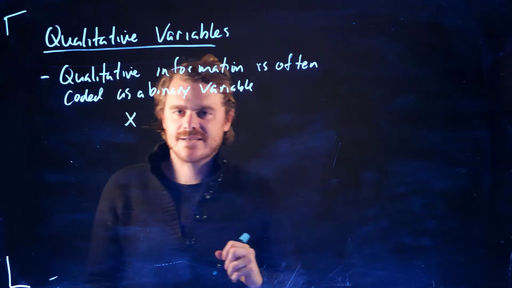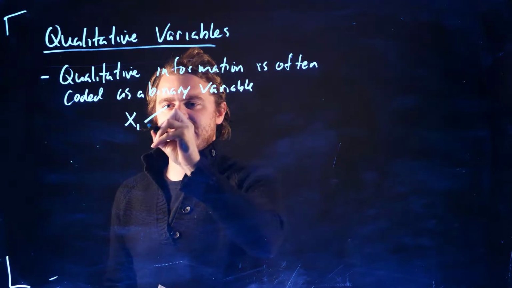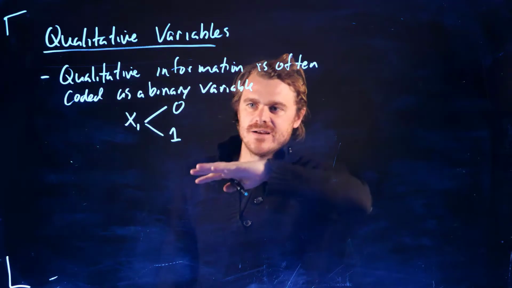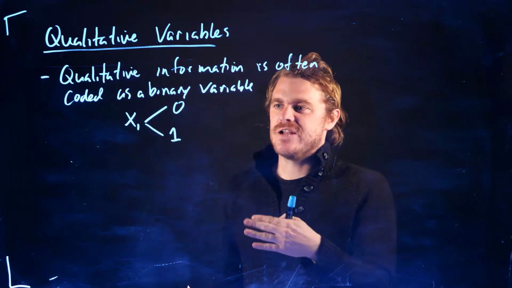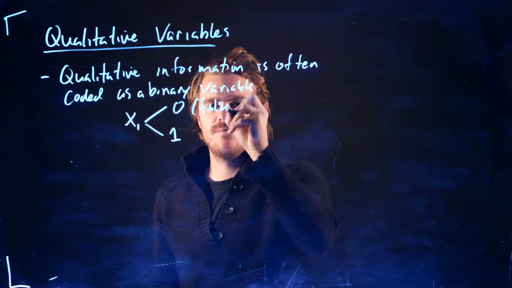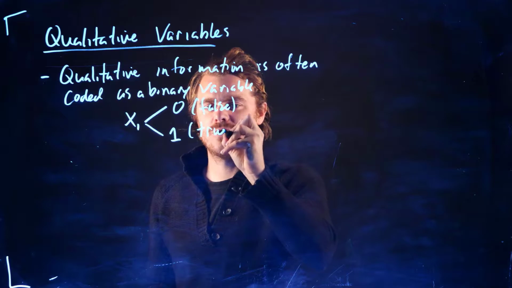So we could have this x variable, x1, and it takes on two values, 0 or 1. And we usually think of it being natural what the 0 refers to. Usually we think of that as false and true.